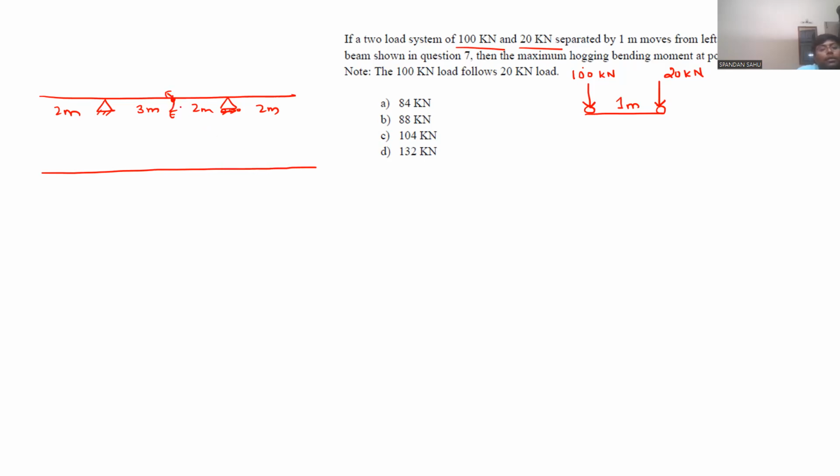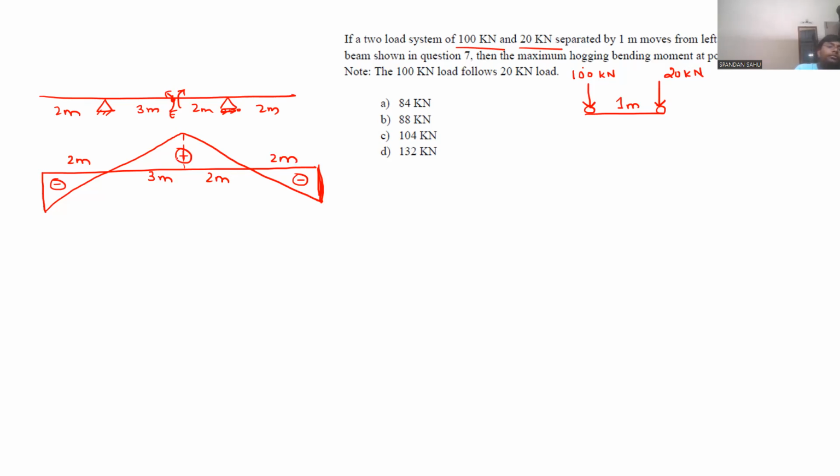When we give unit rotation, it will take a shape like this. This is negative, this is negative, this is positive. This is 2 meter, this is 3 meter, this is 2 meter, this is 2 meter.